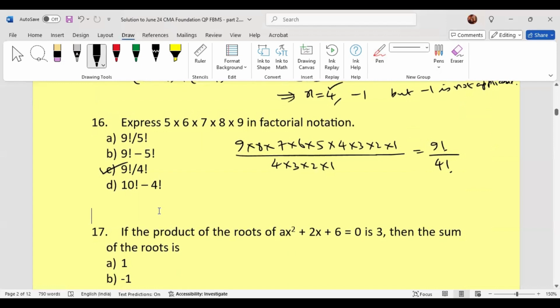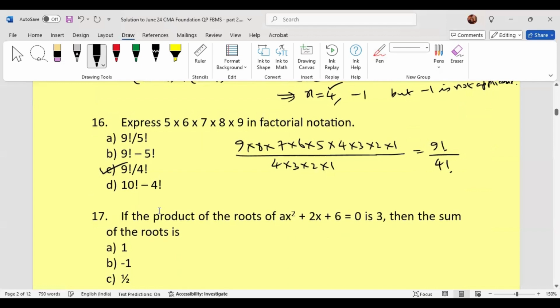Next one, if the product of the roots of ax square plus 2x plus 6 equal to 0 is 3, then the sum of the roots is what? So product of the roots is given as 3, which means C by A is equal to 3.